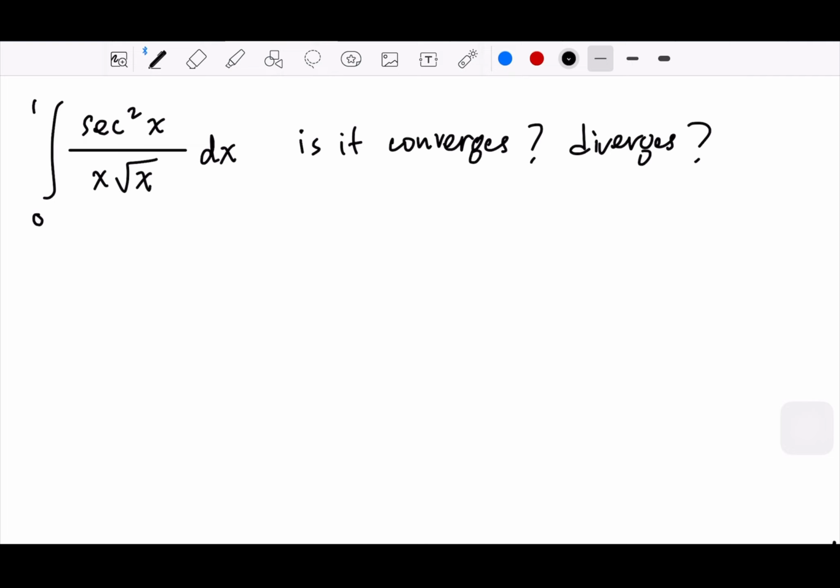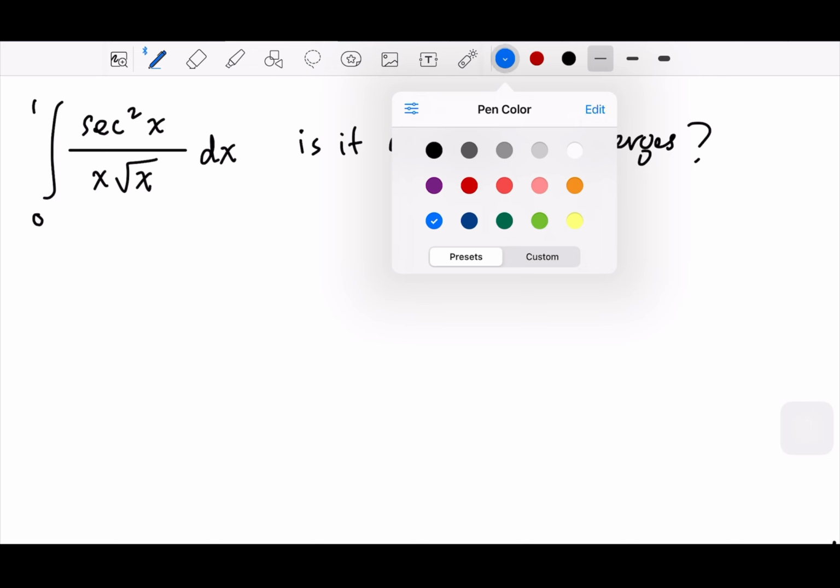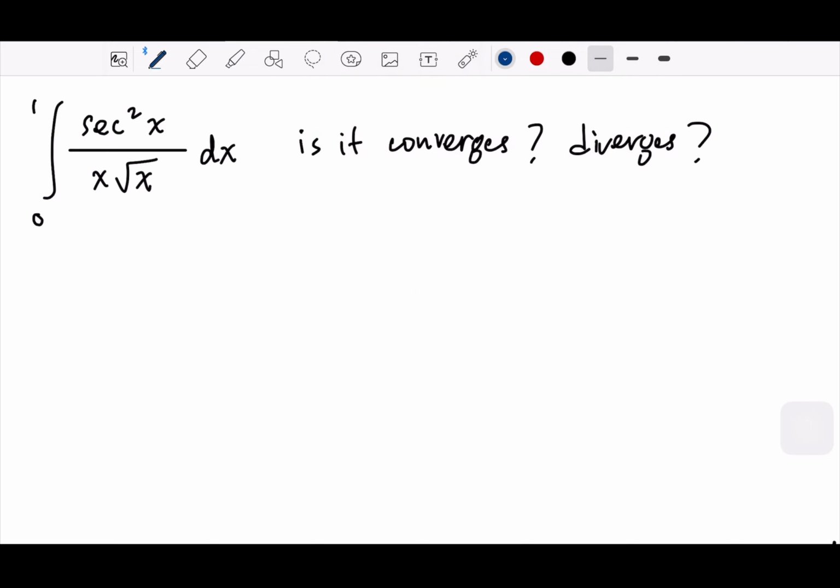So we have this, let me write here. We have secant squared x and x square root of x. What kind of functions can we compare with this? Anything in mind?